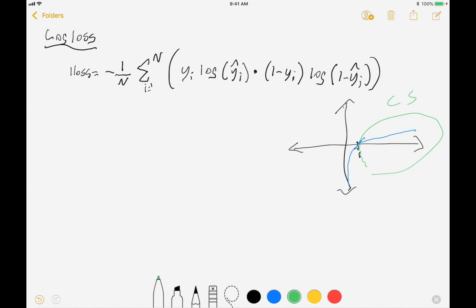It's not really increasing all that fast compared to something like exponential, which is just going to go up very, very, very fast.